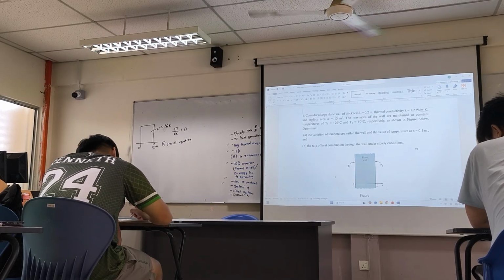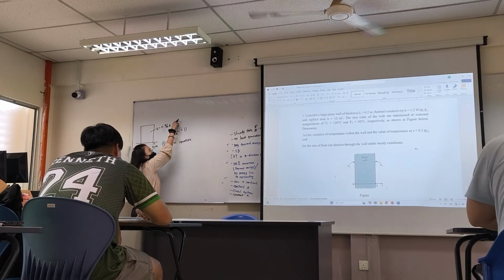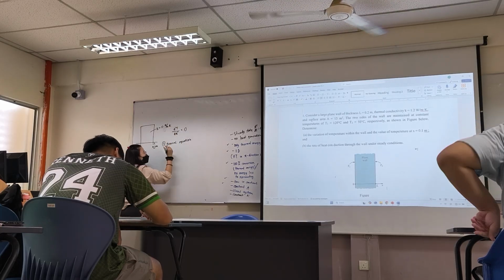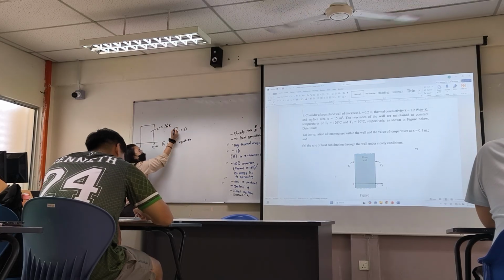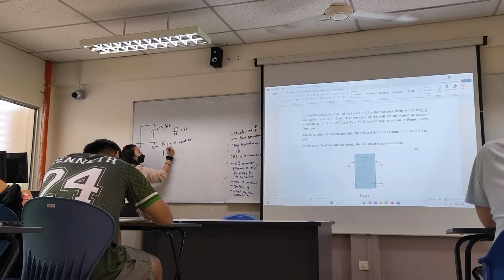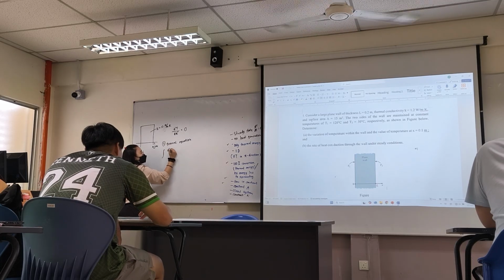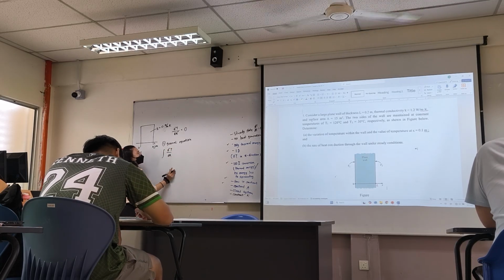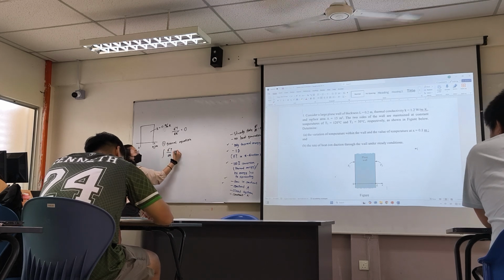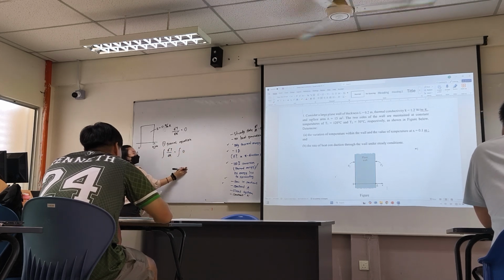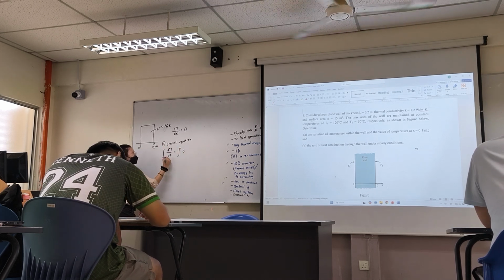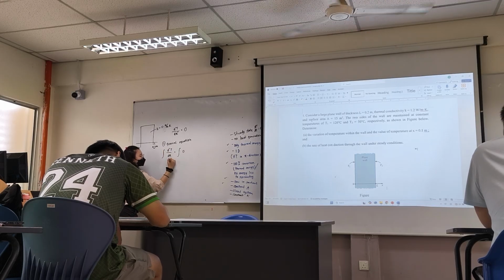Okay, so you do the integration. This one is two integrations. I want to cancel the differentiation, so now I do the integrations. d squared T over dx squared, apply integration for both sides. First time integrate, I remove one differentiate.